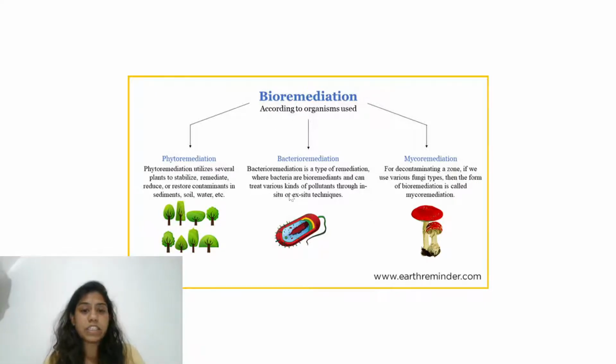Bacterial remediation is done by bacteria under either in situ or ex situ conditions. Either we put them directly on the site of contamination, or we take out the contaminated portion, treat it with microbes, and release it back. Especially in wastewater treatment, it is ex situ, where we take the wastewater, treat it with microbes, and then release the water back into the environment.